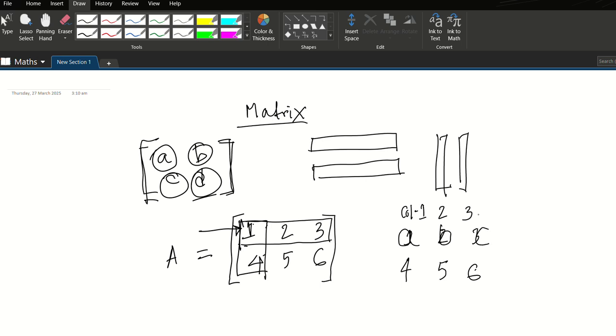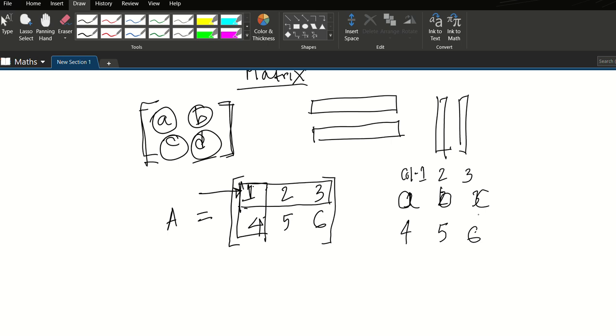Okay, let's take another example. Let capital A equal A, B, C, D, E, and F. So this will be column 1, this column 2, and this column 3.